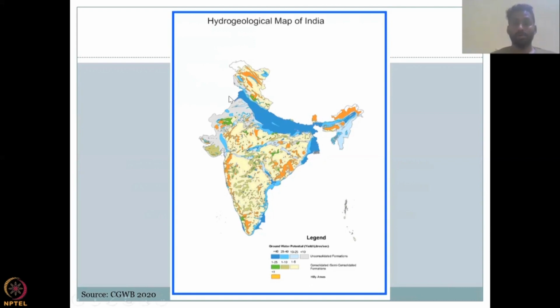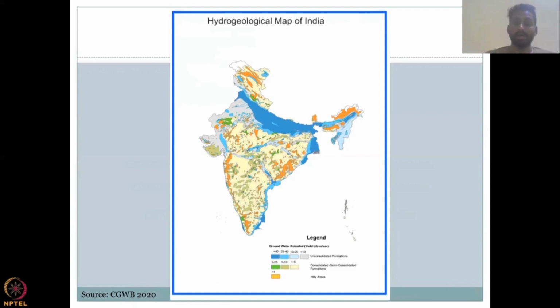So this would be your Ganges Basin, the Brahmaputra on this side, the Kaveri Basin here, Narmada, Tapti, all are good rivers that are perennial and also have good surface water potential.